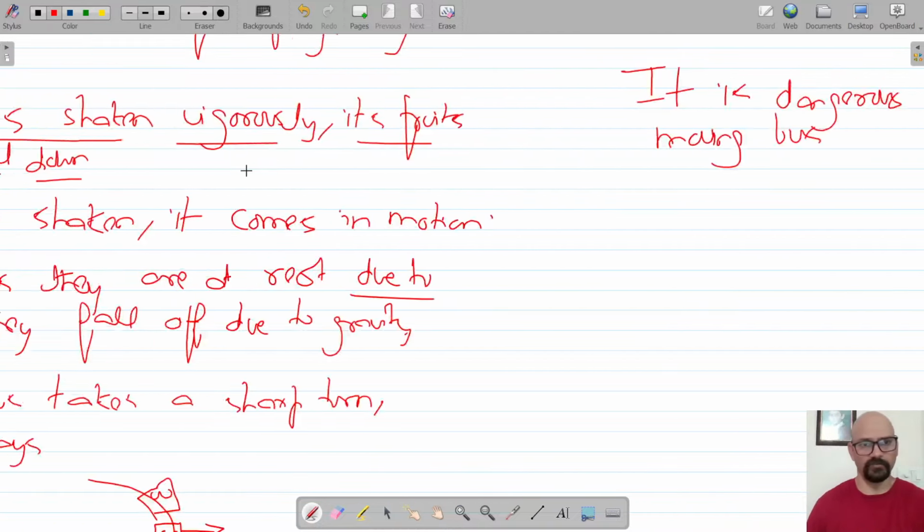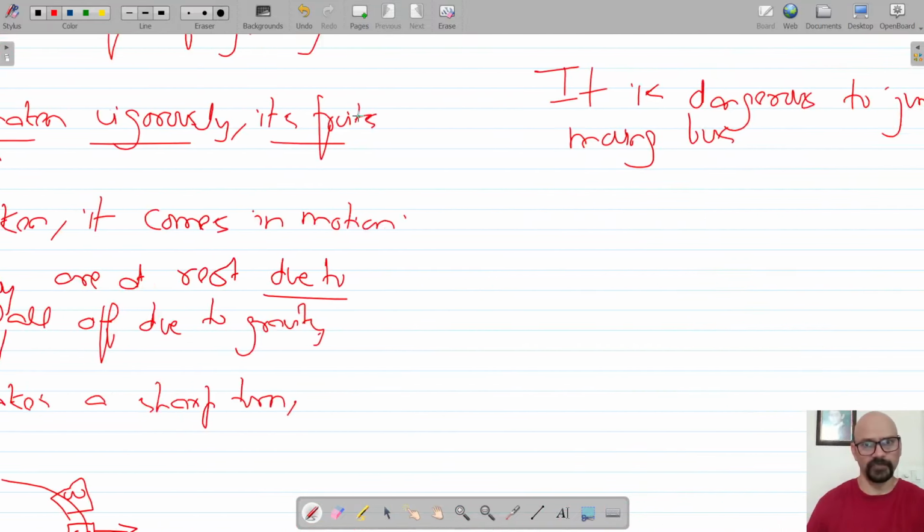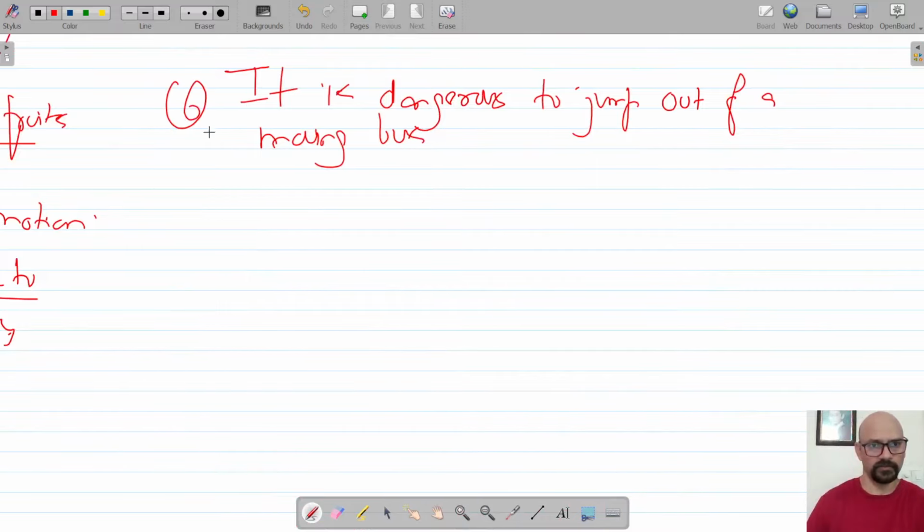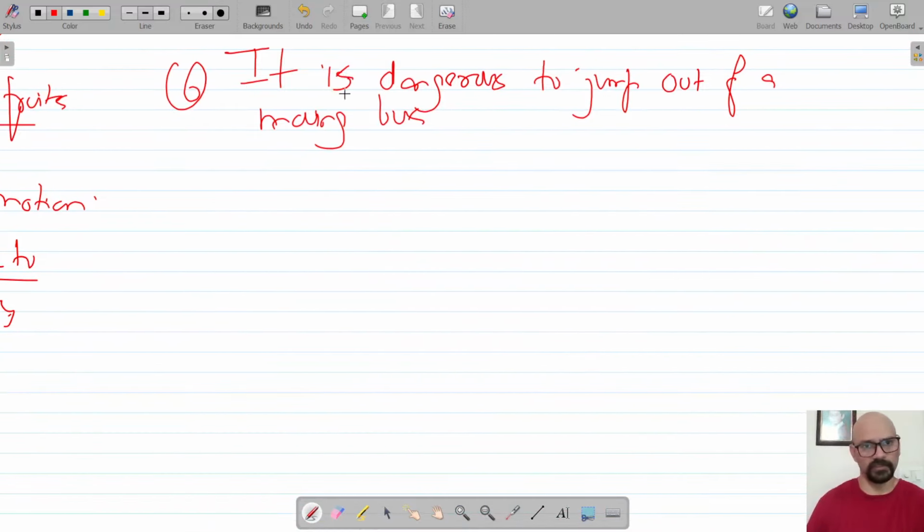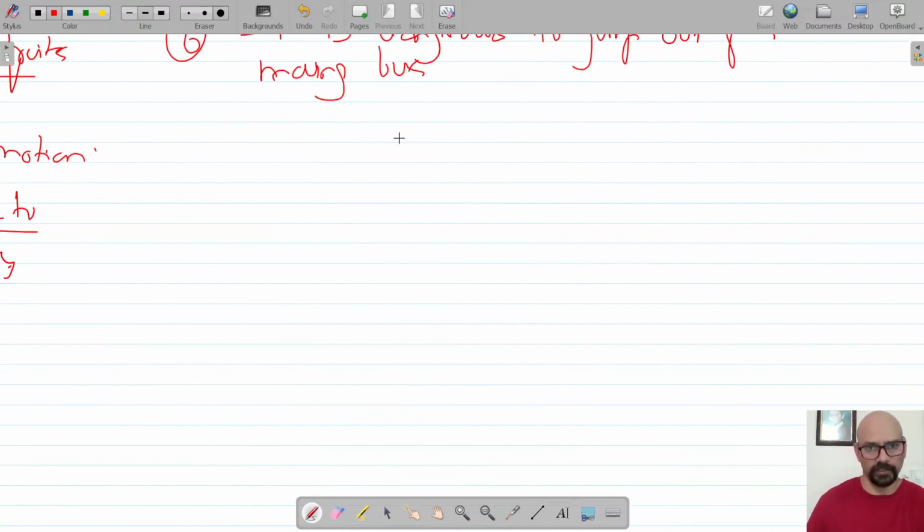And what is the reason for this? This is one more application of inertia. Let's say this is the bus which is moving, and suppose this is the passenger. So when the bus is in motion, this passenger is also in motion. When he jumps out of the bus, let's say he falls on the ground.